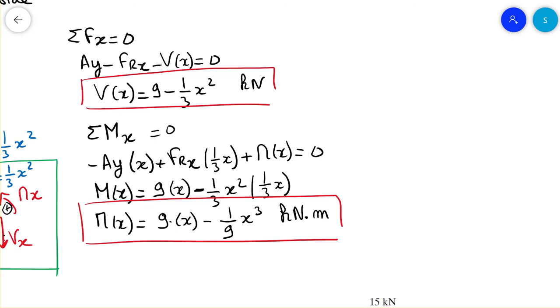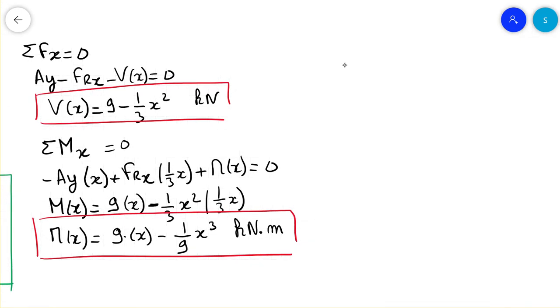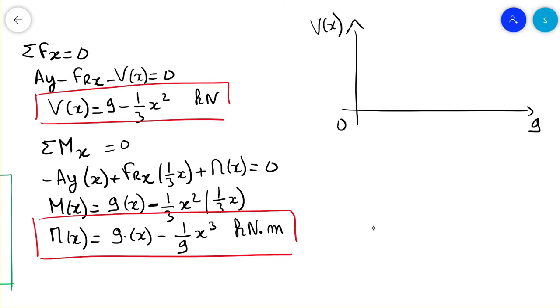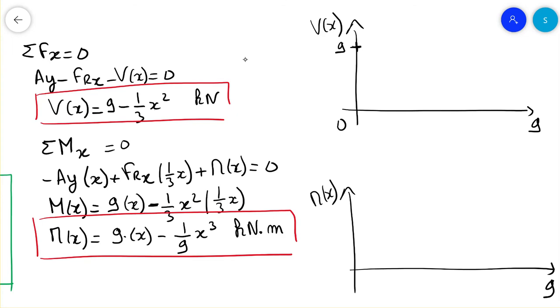So now we need to draw that. Okay, so let's draw the shearing force, that's V of x from 0 to 9, and the moment M of x from 0 to 9. For x equals 0, V of 0 is equal to 9.